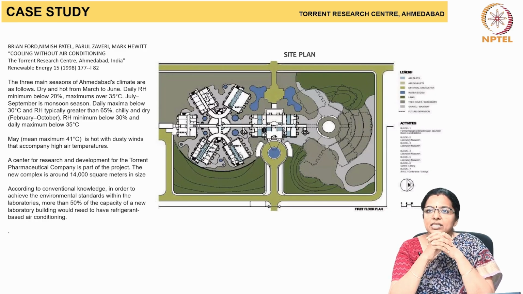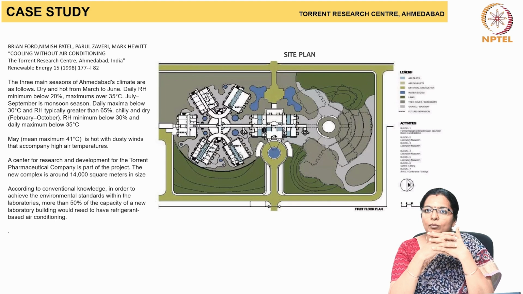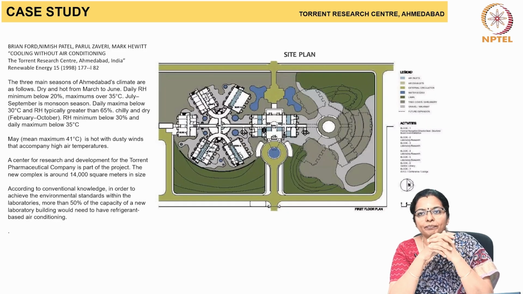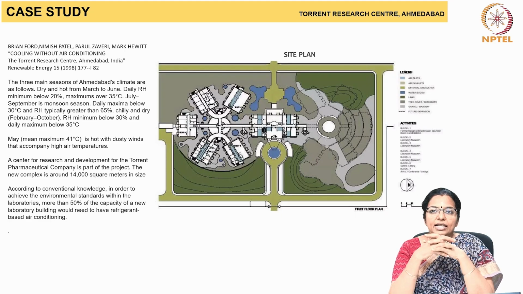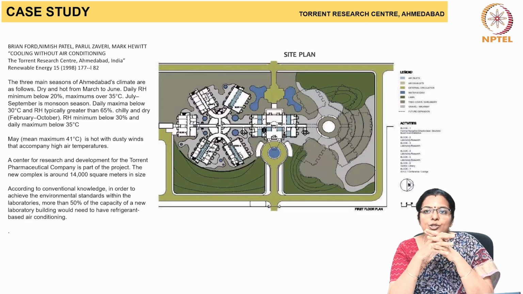The three main seasons of Ahmedabad's climate are dry and hot from March to June, with daily relative minimum humidity below 20%. This becomes 35 degrees centigrade temperature between July to September, which is the monsoon season.